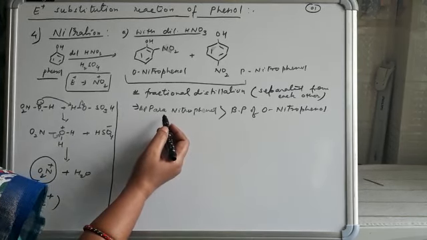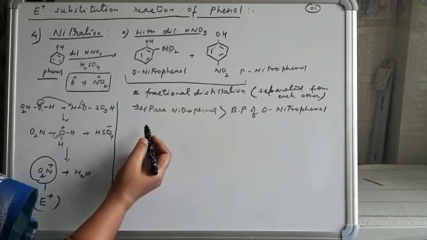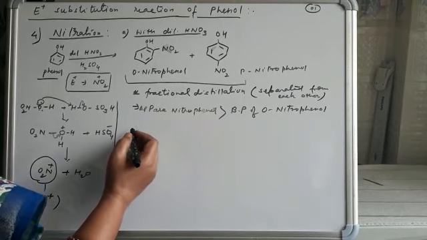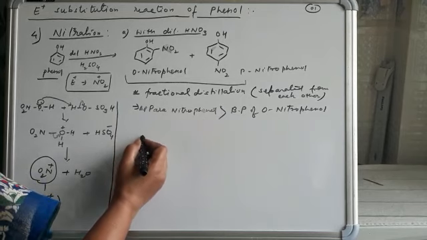Why does para-nitrophenol have a greater boiling point than ortho-nitrophenol? Here we see the structure.